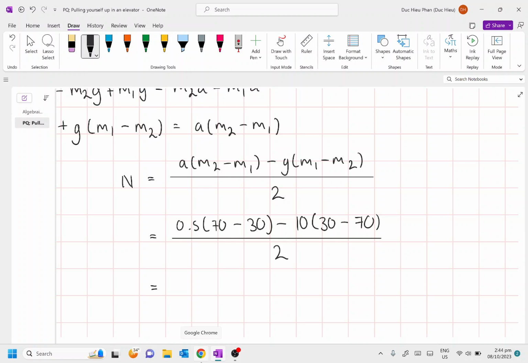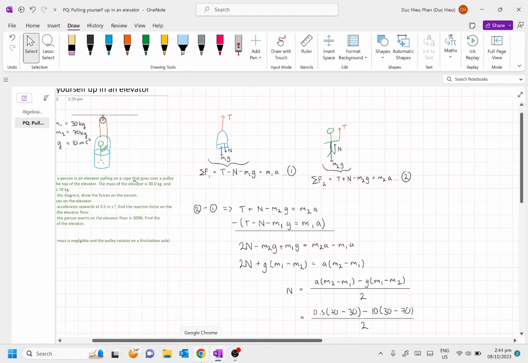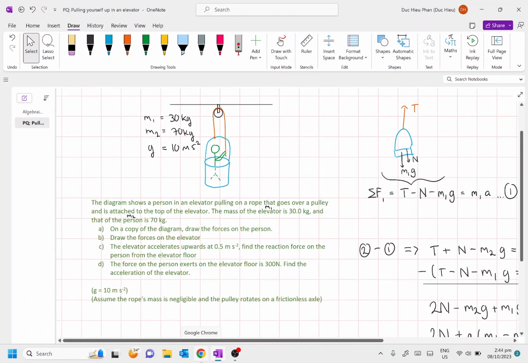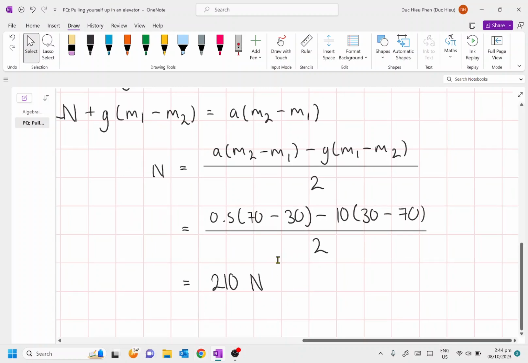That leaves us with, I just type this into my equation calculator real quick. 30 minus 70 over 2. That leaves us with 210 newtons. So the normal force that is acting on the person from the elevator when the elevator is accelerating by 0.5 meters per second squared is 210 newtons.